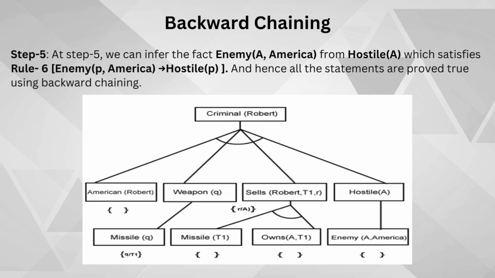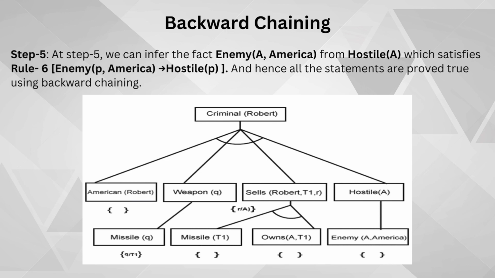We have rule 6 which says that P is an enemy of America implies that P is hostile. This rule tells us that if something is an enemy of America, it is also hostile, and we just found out that country A is an enemy of America, so we can apply rule 6 and say that country A is also hostile.